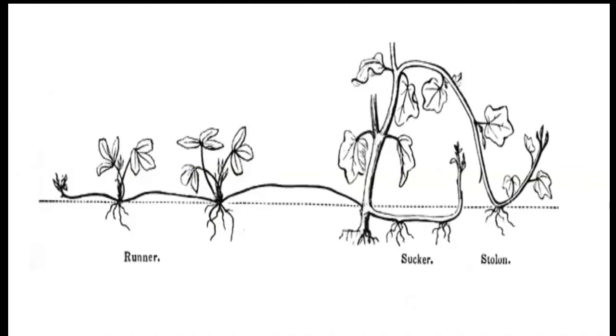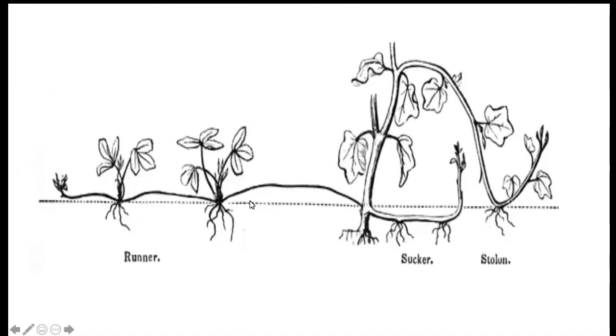But the stolon develops from the top, but eventually it comes down to the ground, and the part of the node which touches the ground tends to develop some roots. So this is the difference between runner, sucker, and offset.